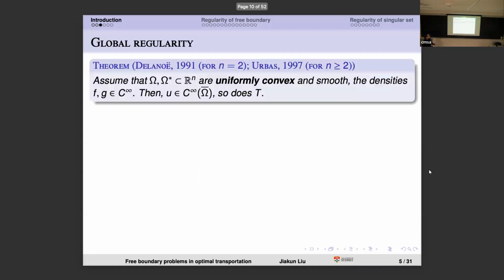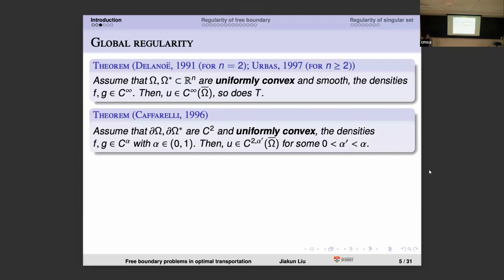Now let's see what kind of regularity we have. In dimension 2, it was first proved by Delanoë in 1991, and then by Urbas from Australia in 1997 for arbitrary dimension. They told us that as long as both the initial domain Ω and the target domain Ω* are uniformly convex and smooth, then if the density function is C^∞, the solution U will be C^∞ globally. So once we know U is C^∞, certainly the optimal mapping T will be smooth, okay?